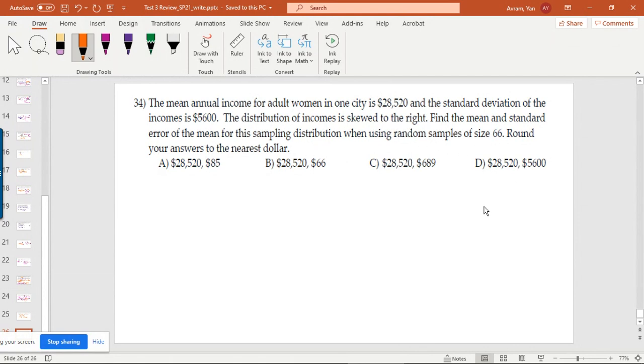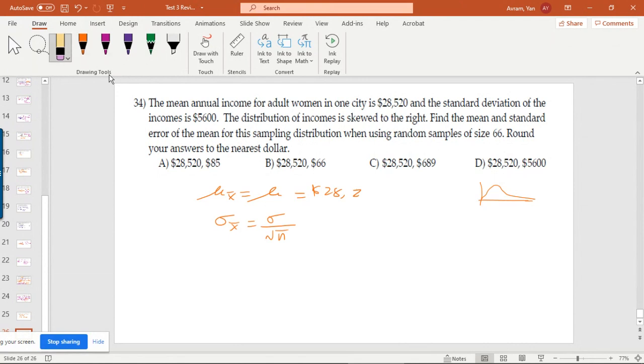Skewed to the right means it's not quite symmetric, like we saw earlier. But the sample mean is still equal to the population mean, remember, this is the central limit theorem we talked about. So the mean here is still 28520, right?